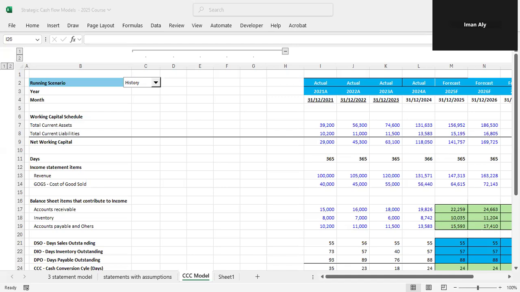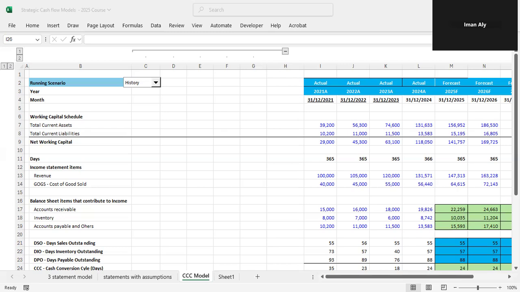And how many days payable, I mean, the supplier allows you until you pay them. So for the cycle, you take DSO, which is days sales outstanding, plus DIO, which is days inventory outstanding, and you minus the payable, which is DPO, days payable outstanding.